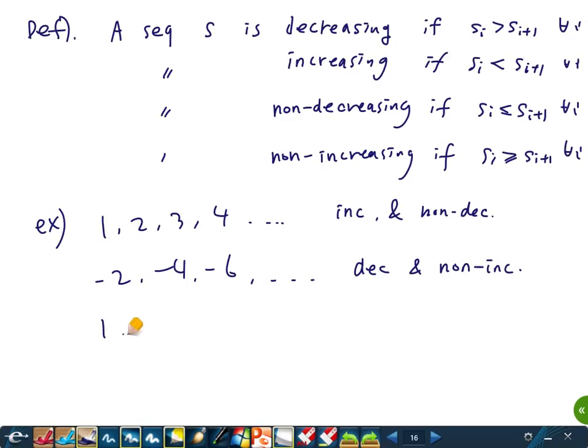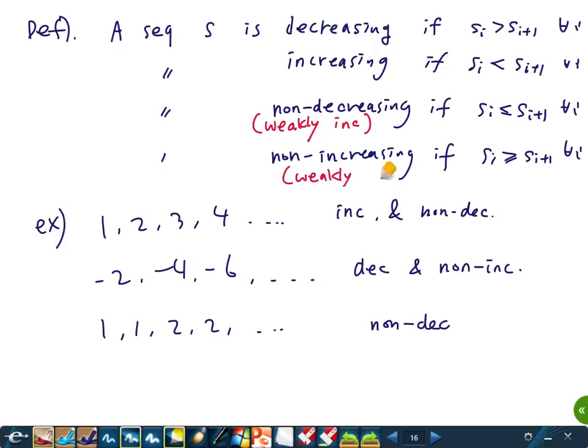What about 1, 1, 2, 2, etc.? It is not increasing. It's non-decreasing. Sometimes it's also called weakly increasing, and also weakly decreasing. Or sometimes strictly or strongly increasing. But in the textbook, we're going to use this.